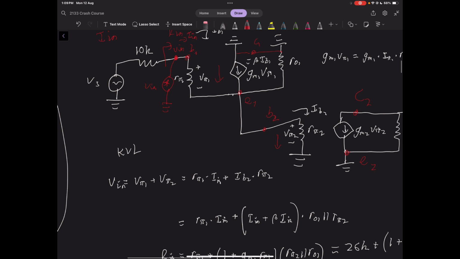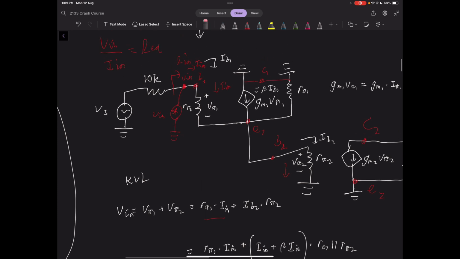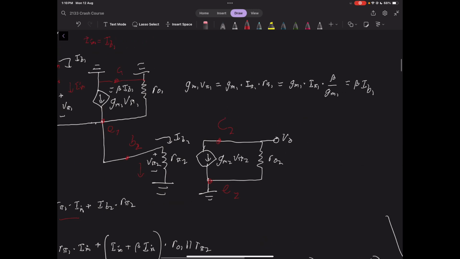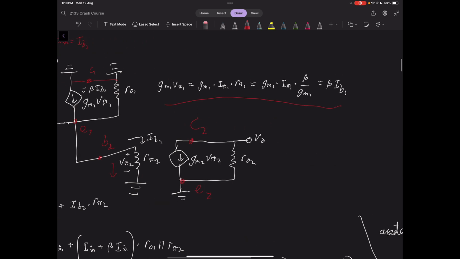And again, we want to find this voltage in terms of the input current. Now that's going to be equal to Rpi1 times In, because obviously In has to be the current flowing through that resistor there. And you'll notice that In, which is the input current from this voltage source, must equal Ib1. And that is where this approximation that we talked about earlier, this equation will come in handy.